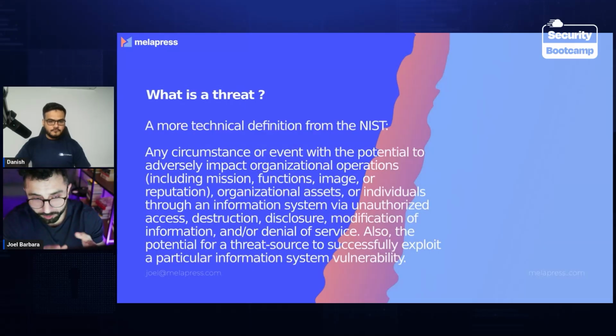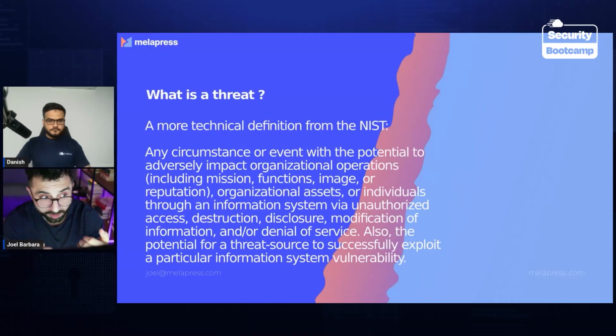So it is a mouthful, but if we dissect it, we can see what we can take away from this, including what the threats and the repercussions are. So we can look at the threats first. We have unauthorized access, destruction, disclosure, modification of information, denial of service, and system vulnerability exploitation.